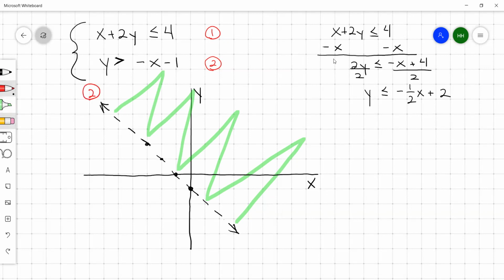Our line number 1, this equation, hits the y-axis at +2. It's got a slope of -1/2. So I'm going to rise 1 and I'm going to run 2 to the left. And then I'm rising 1 and running 2 to the left again.